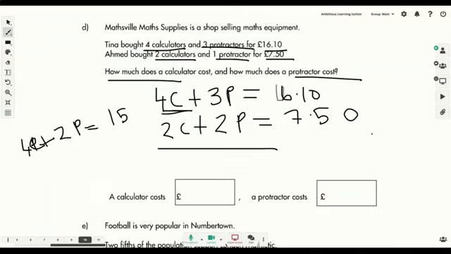So if I combine A and B, I need to find out the difference between A and C. This is A, this is my B, and this is my C.